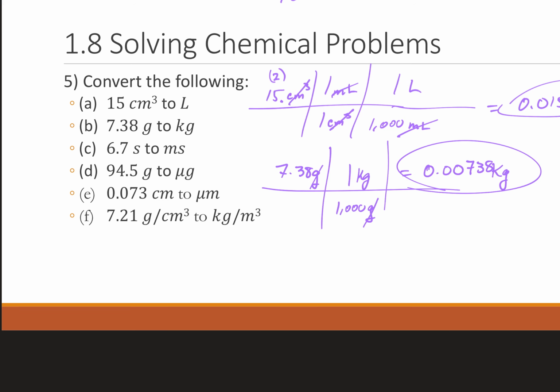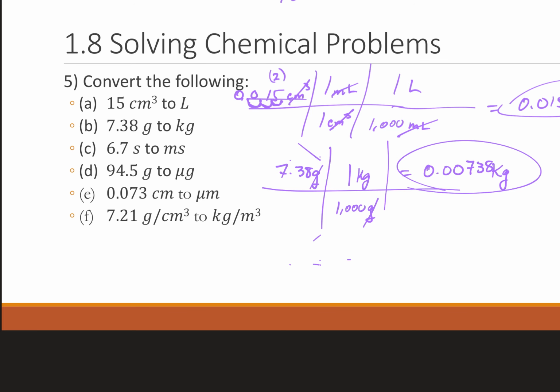Just to show you, the decimal would be here. Dividing by 1,000 moves the decimal to the left 3 times. So you have 1, 2, 3, and then you have a 0 there, and then you put a 0 there because that's where the decimal goes.